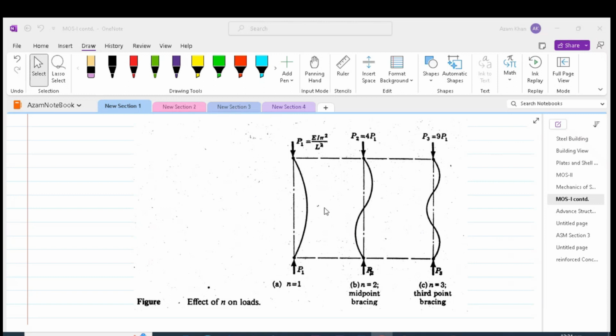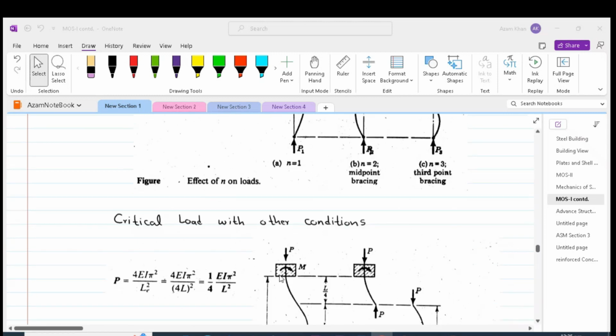If we restrain it in the middle, then it will assume twice the length of half sine wave. In other words, we would have a full sine wave. Similarly, if it is restrained in two directions, then we will have one full sine wave and a half sine wave. So n controls the length of the half sine wave.